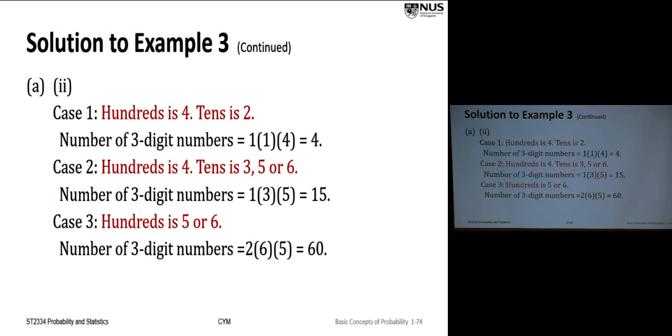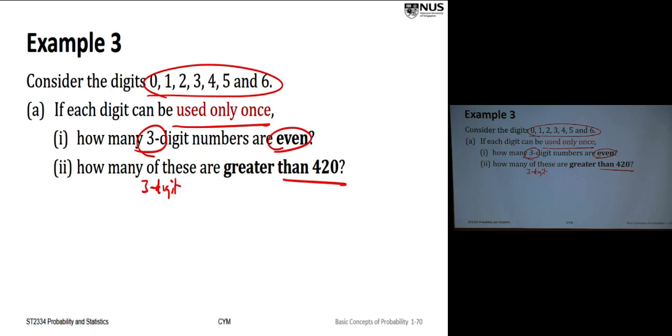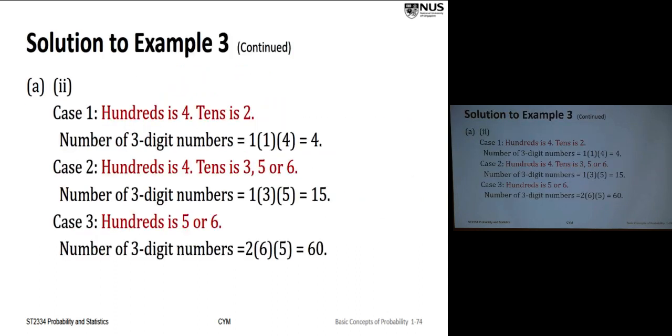Part 2 is no more even numbers. Let me repeat the question again. It's only saying that a number greater than 420. Now, greater than 420 means that the hundreds place must be 4, 5, or 6.